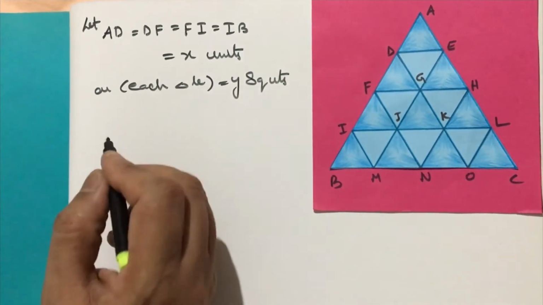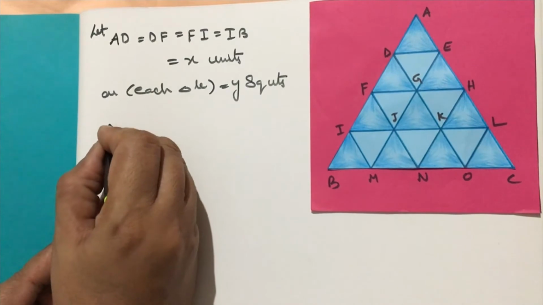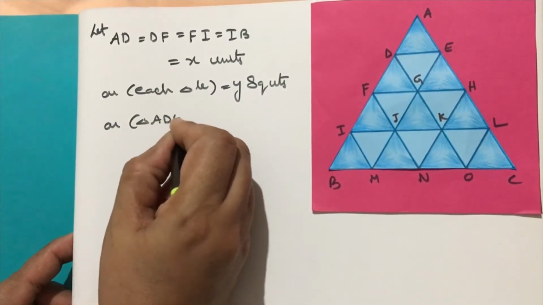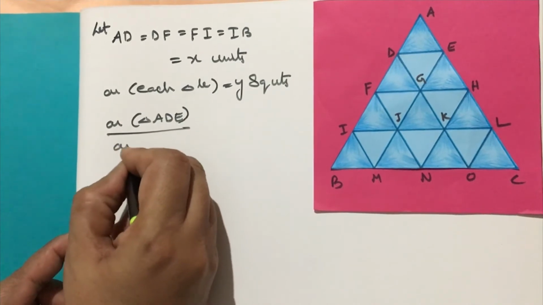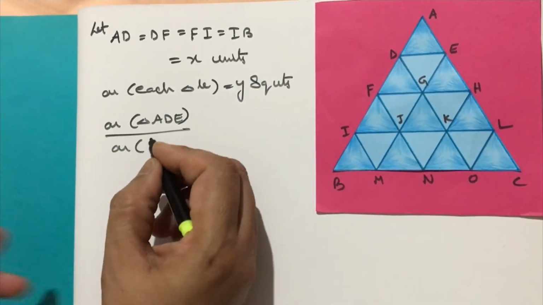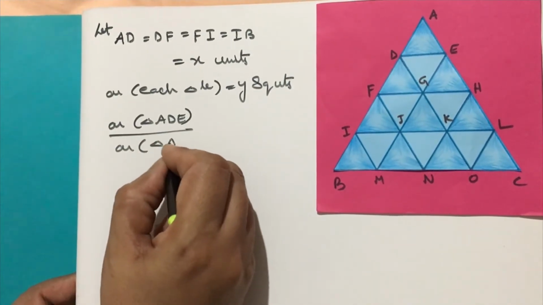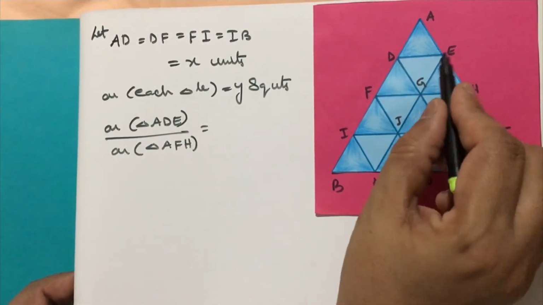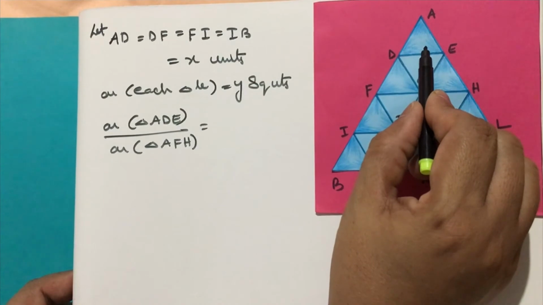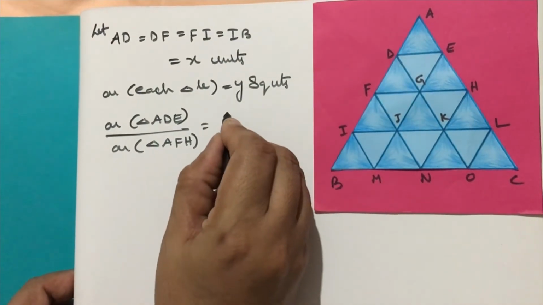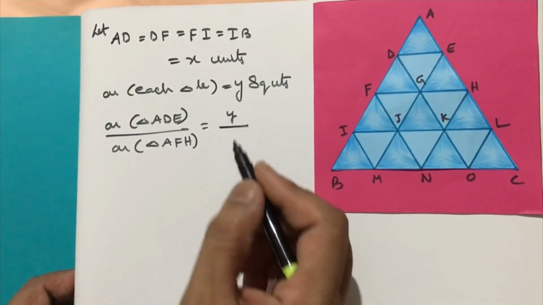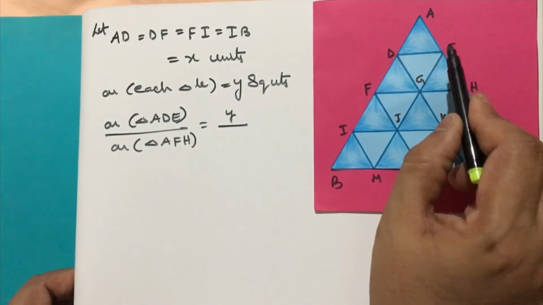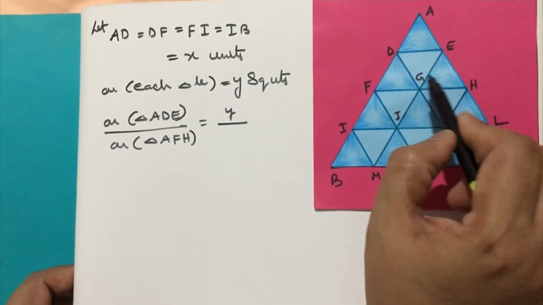Then when we take the area of triangle ADE by the area of triangle AFH, the area of triangle ADE is nothing but one triangle, so I can write it as y, by the area of triangle AFH, in which 1, 2, 3, 4 are there.